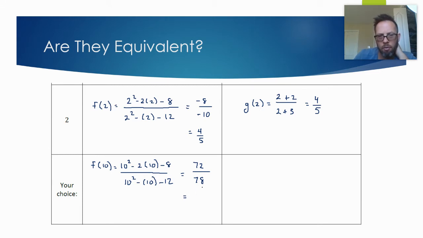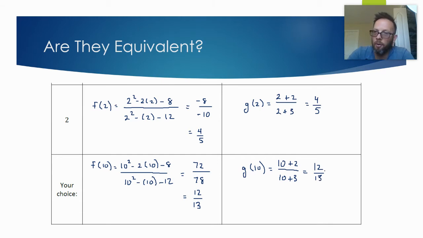Is that true? Those are both divisible by 6, though. So if I divide both by 6, I get 12 over 13 simplified. How about g at 10? Yeah, 10 plus 2 and 10 plus 3, 12 over 13. So I'm sure at home you made a random choice and hopefully got the same values.